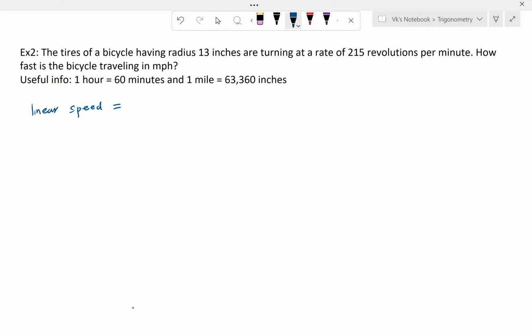Linear speed is the arc length over the time t. Arc length is the angle times the radius.